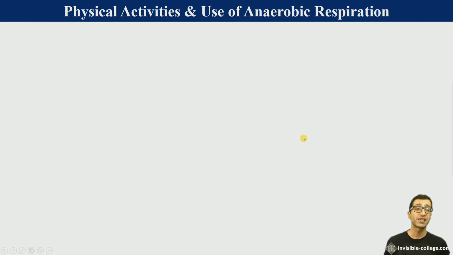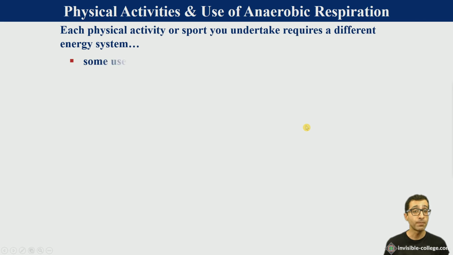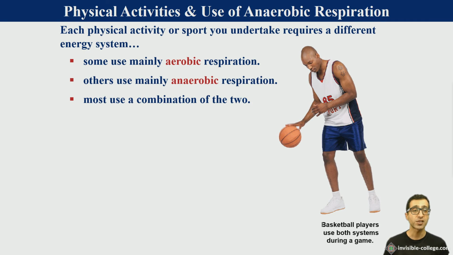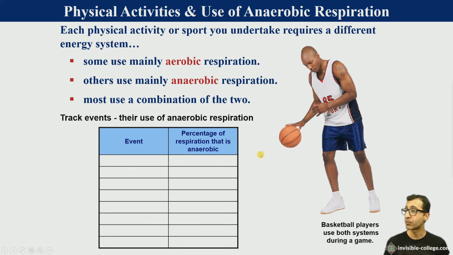Each physical activity or sport that's undertaken requires different energy systems. Some will mainly use aerobic respiration, some will mainly use anaerobic respiration, but most sports will use some combination of the two. Basketball players will use both, for example. But in terms of track events, we can summarize their use of anaerobic respiration using this table here.